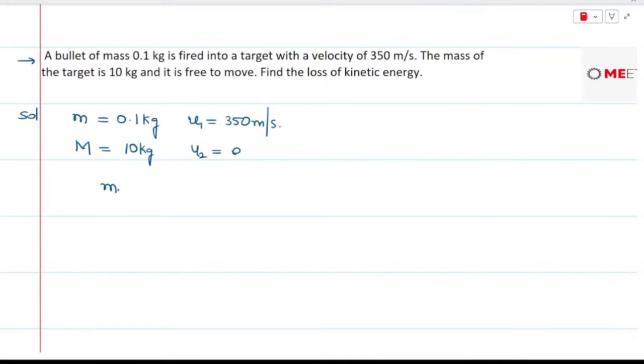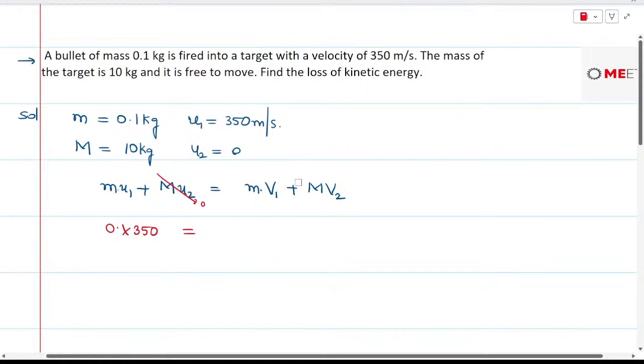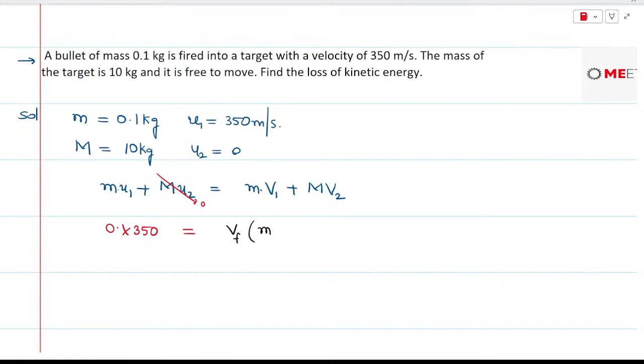So here we can apply the formula, that is m into u1 plus capital M into u2 is equal to m into v1 plus capital M into v2. Initially the target is at rest, so this will be struck off, and it is 0.1 into 350. Here the bullet is getting embedded inside the 10 kg mass, so both will have a common velocity, that is the final velocity will be (small m plus capital M) into Vf.